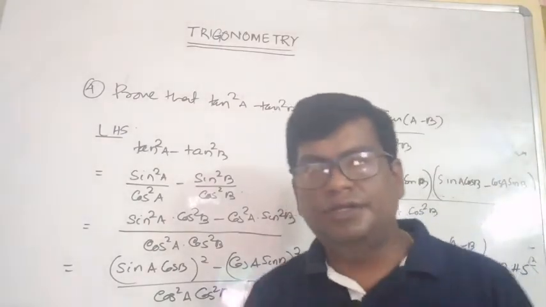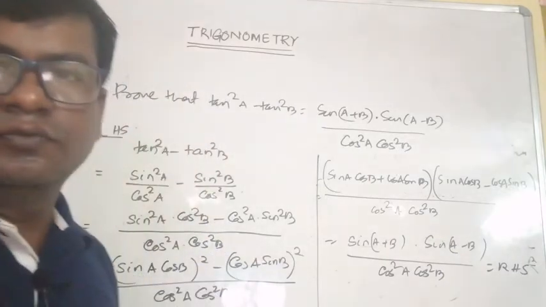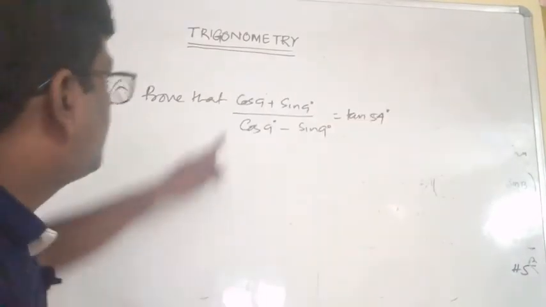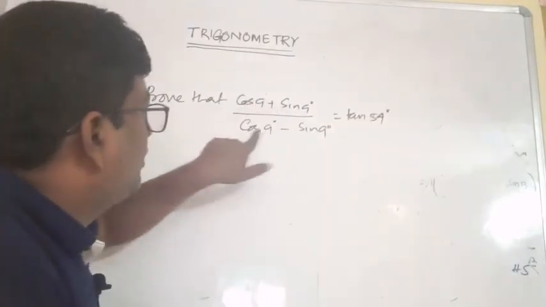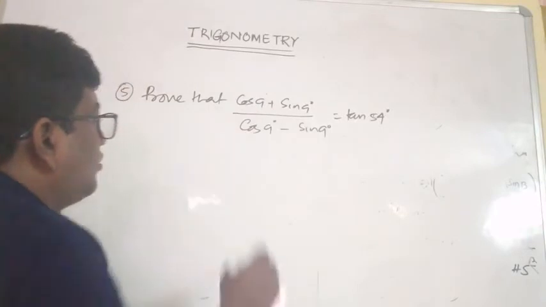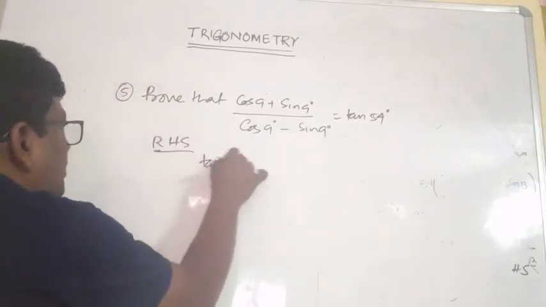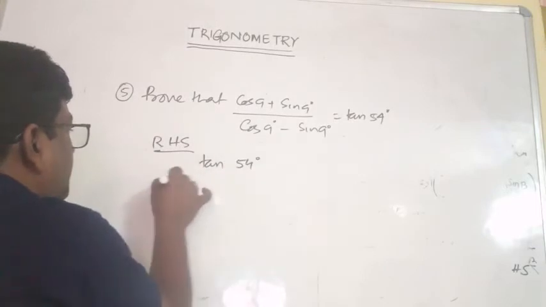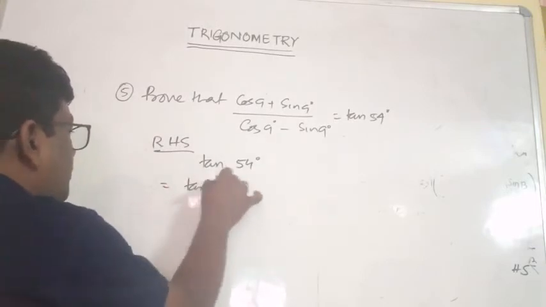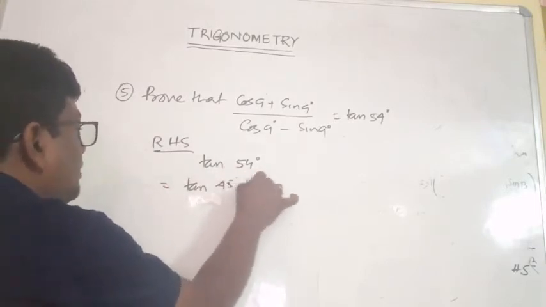Now another question. Prove that cos 9 degree plus sin 9 degree by cos 9 degree minus sin 9 degree equals tan 54. RHS, tan 54 can be written as tan 45 degree plus 9 degree.